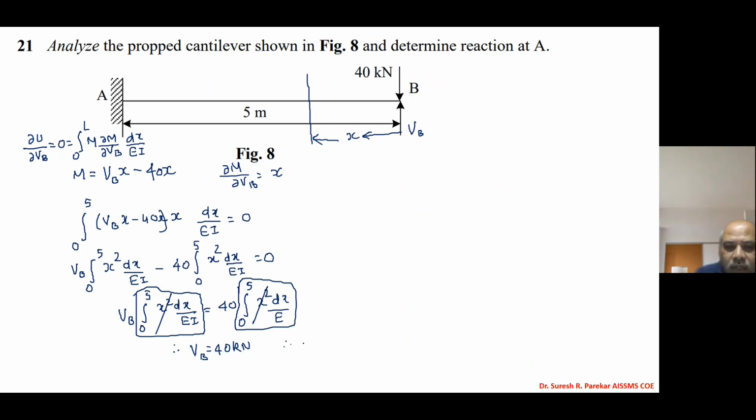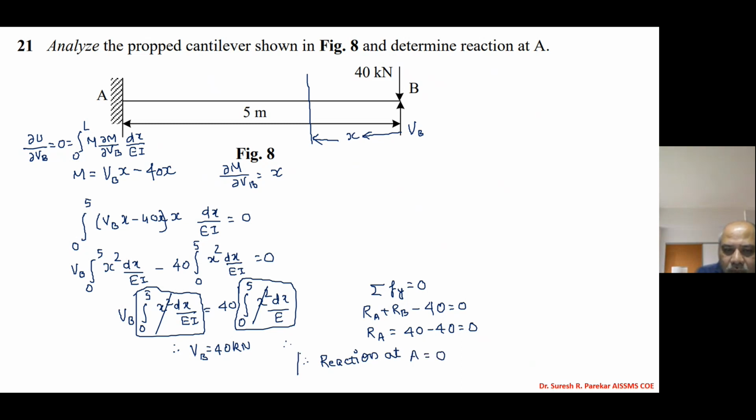Then VA we have to find out. So we go with summation Fy equal to 0. Then we have RA plus RB minus 40 equal to 0, and from this we get RA equal to 40 minus 40, equal to 0. Therefore the reaction at A is 0.